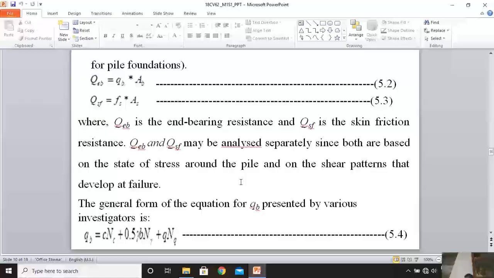N gamma is Terzaghi's bearing capacity factor. Q is the overburden pressure, calculated as depth of the soil times unit weight of the soil, expressed in kilonewton per meter square, and NQ is Terzaghi's bearing capacity factor.